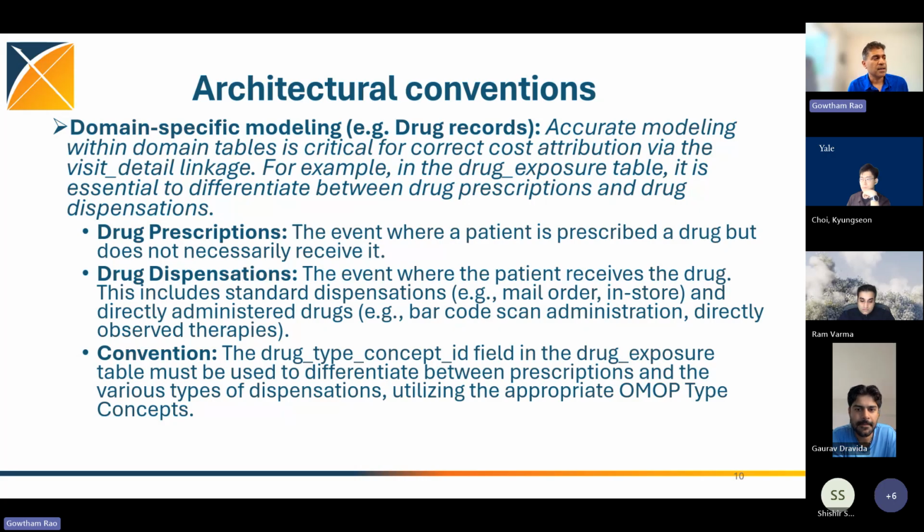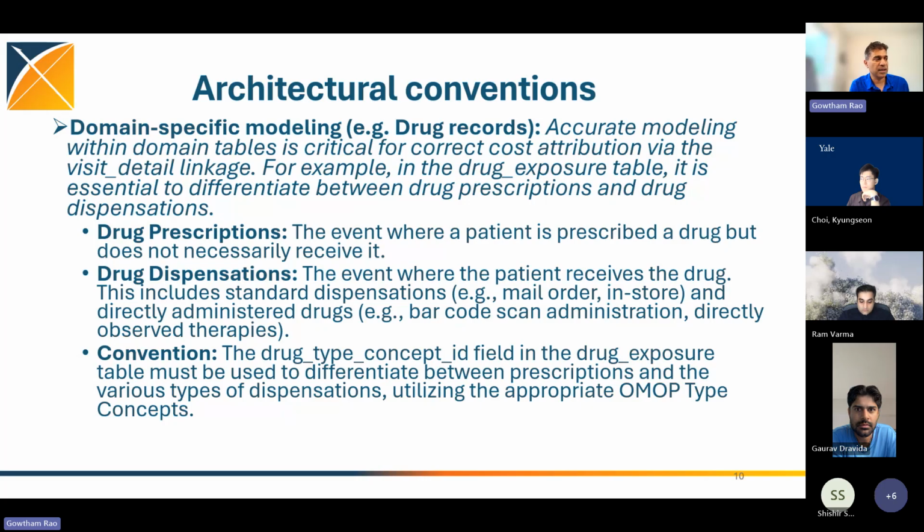So what does it say? Drugs can be prescriptions, drugs can be dispensations. Drug prescriptions will have a visit concept ID that represents prescriptions. Drug dispensations will have a visit concept ID that represents whether this is a mail order. Did the patient receive it via mail?